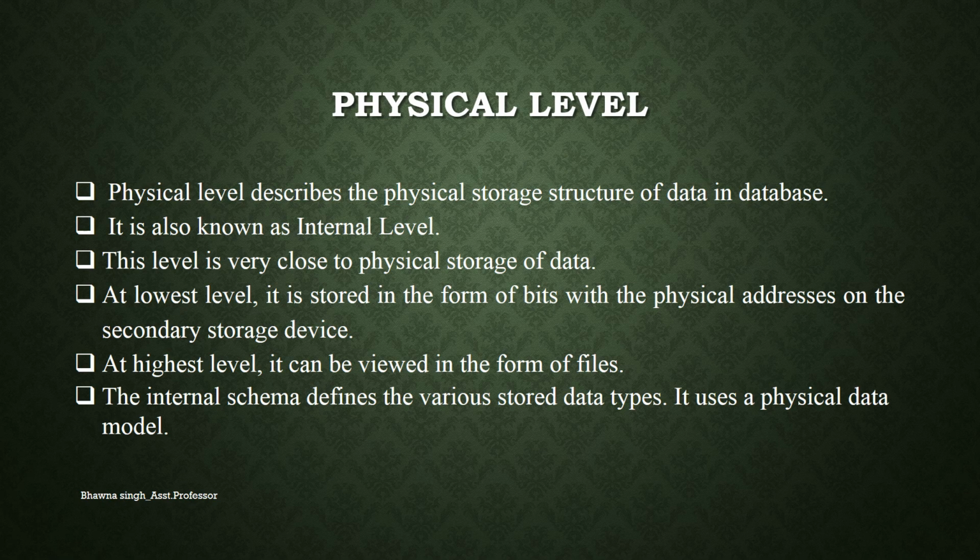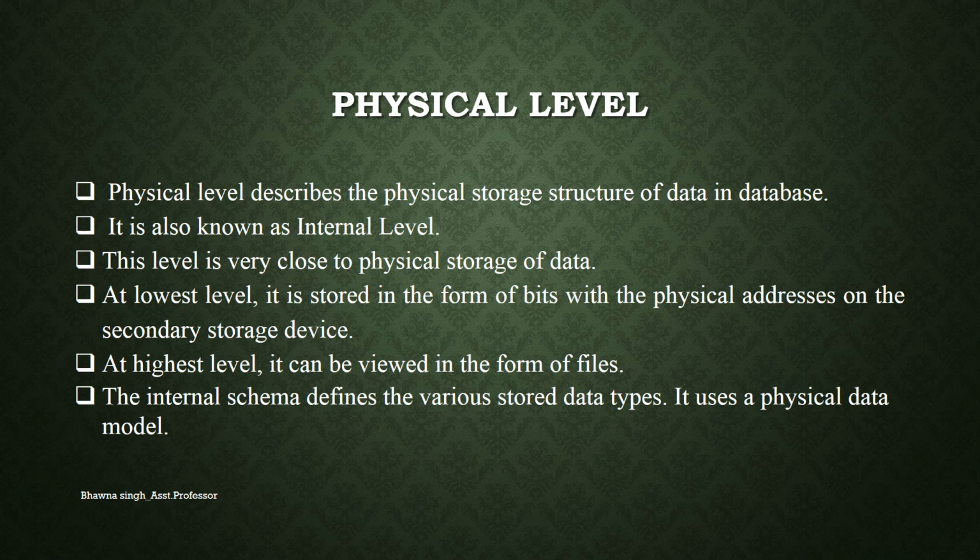You can understand it like 0 and 1, these are all bits. 0 means 1 bit, 1 means 1 bit. So these are also data in the physical level. It is stored in the hard drives in the form of bits, and at a higher level it can be stored in the form of files or folders. At the physical level, compression and encryption techniques are also applied to the data that we are entering into the database.